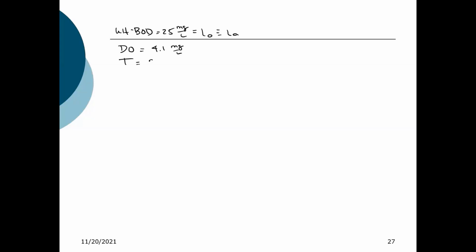The temperature is 25 degrees C. Saturation DO is 8.38 milligrams per liter. Remember, this is for pure water. We were told that the TDS is equal to 500 milligrams per liter, and that's equal to 0.5 grams per liter. Remember, if we're going to use that equation to calculate the DO sat, then we need to have that in grams per liter.